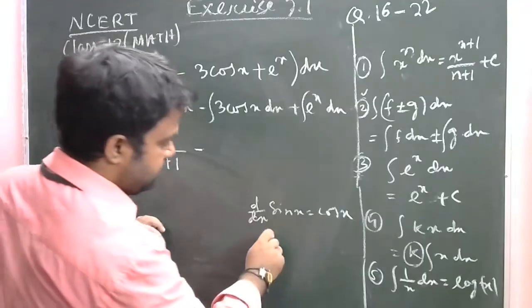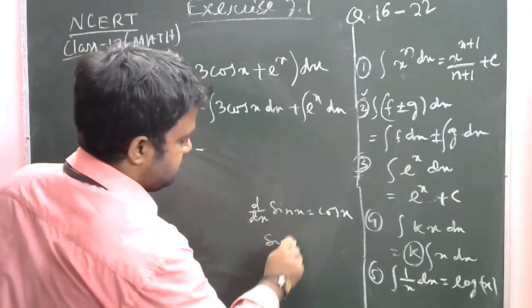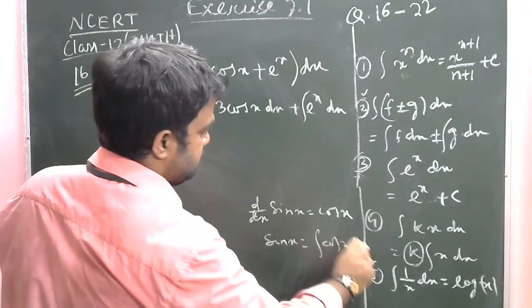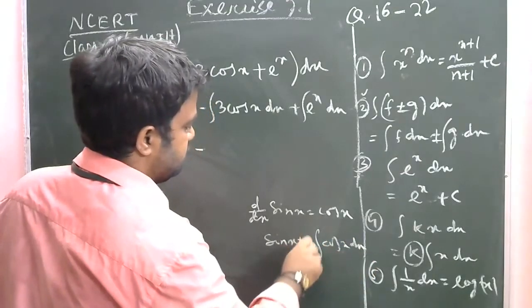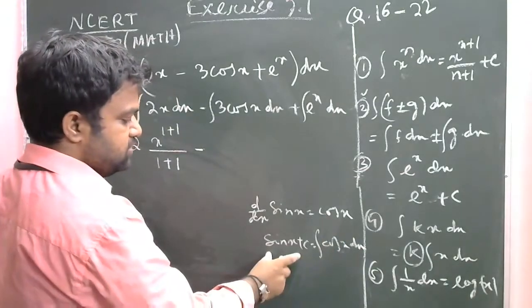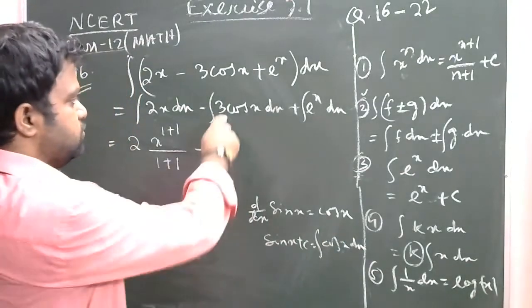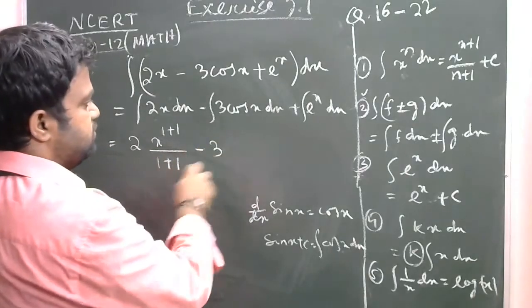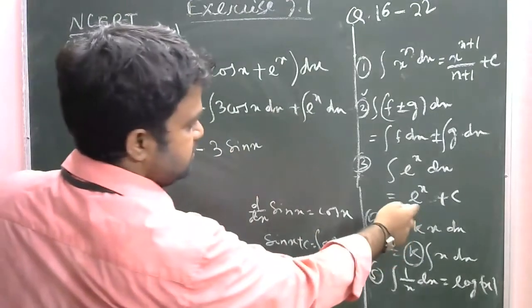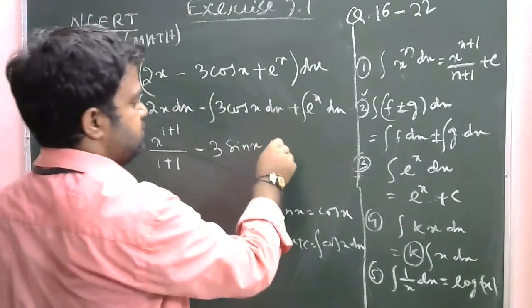So we can write sin x plus k is equal to the integration of cos x dx. So 3 I will take outside as a constant, the integration of cos x is sin x, and the integration of e to the power x is e to the power x.